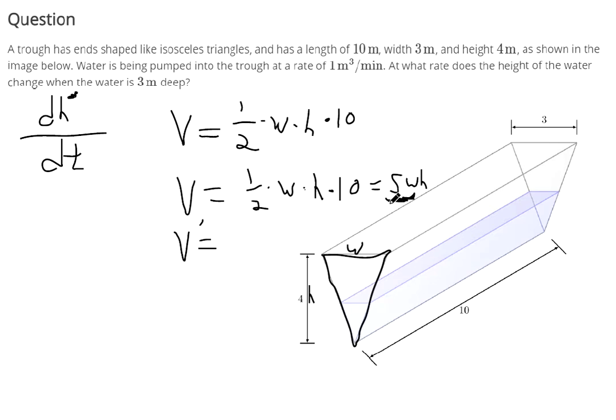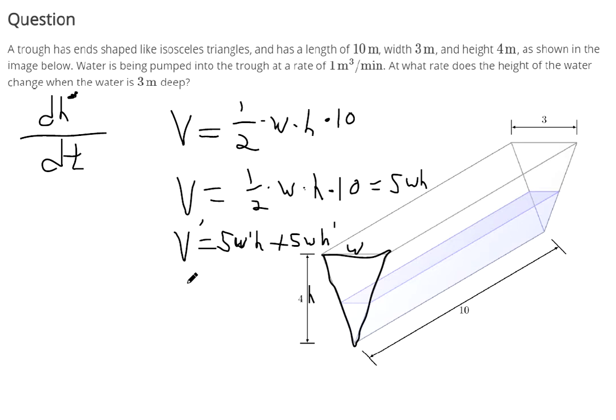The derivative of 5w with respect to time is 5w prime, and then h is kept the same in the product rule. Derivative of the first function times the second function kept the same, plus the first function kept the same times the derivative of the second function.